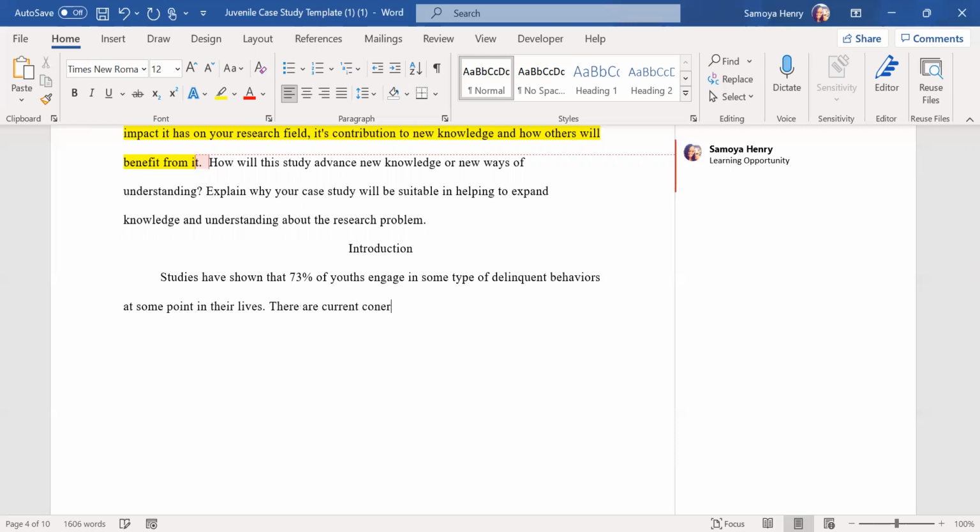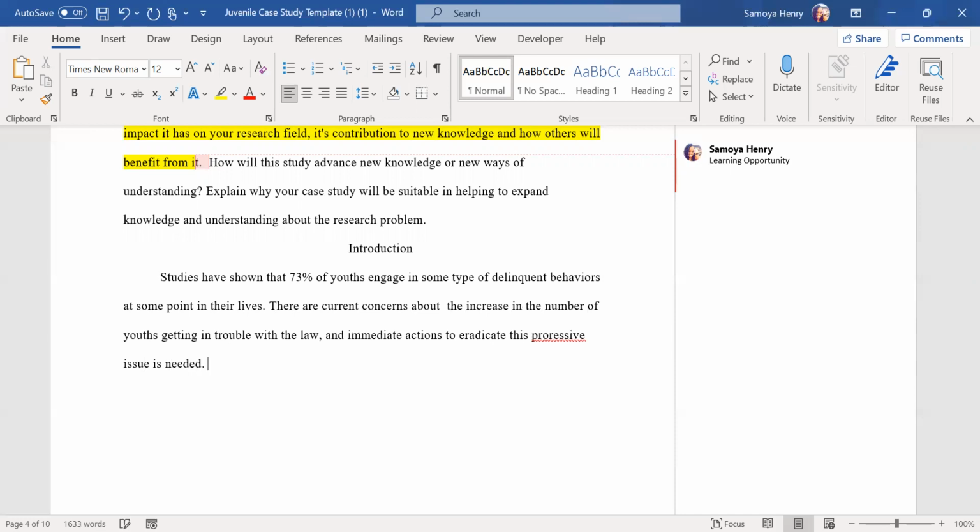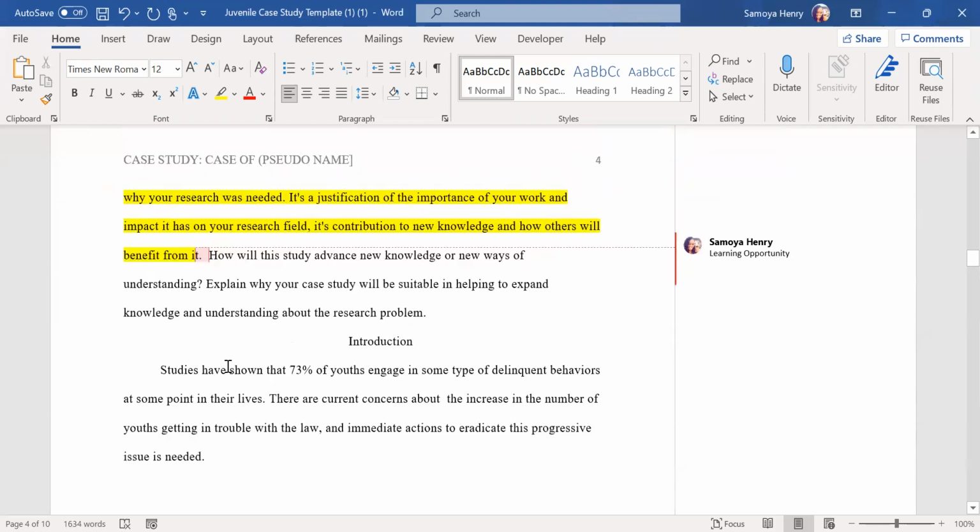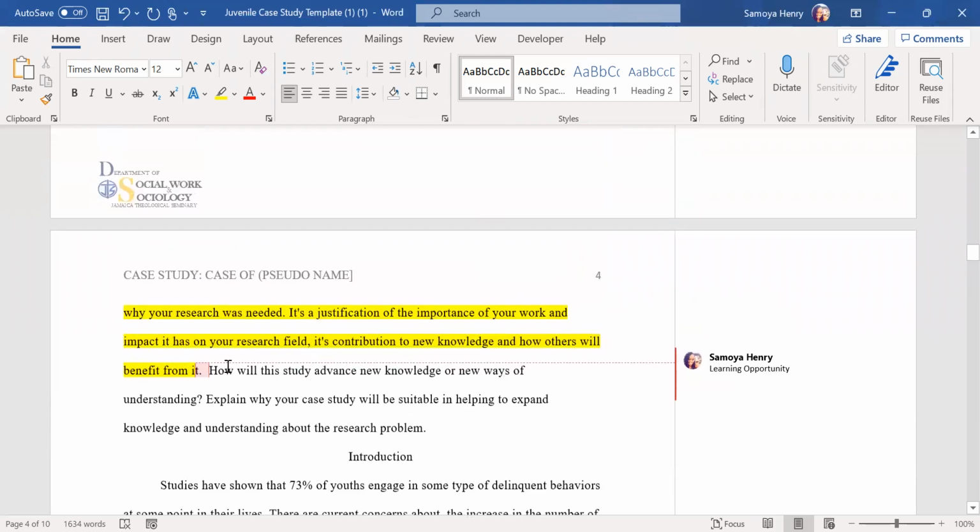There are current concerns about the increase in the number of youths getting in trouble with the law, and immediate actions to eradicate this progressive issue is needed. Okay, that is a little introduction.